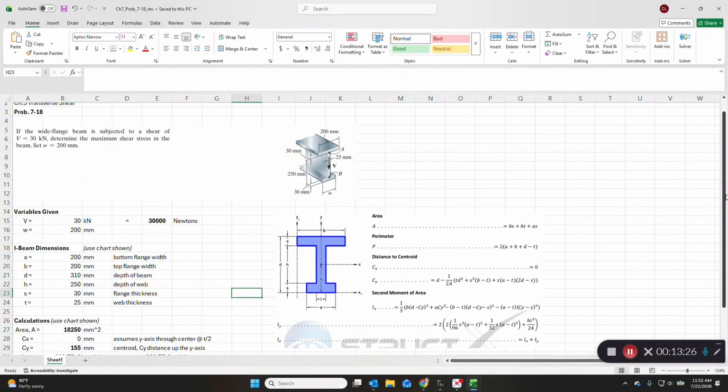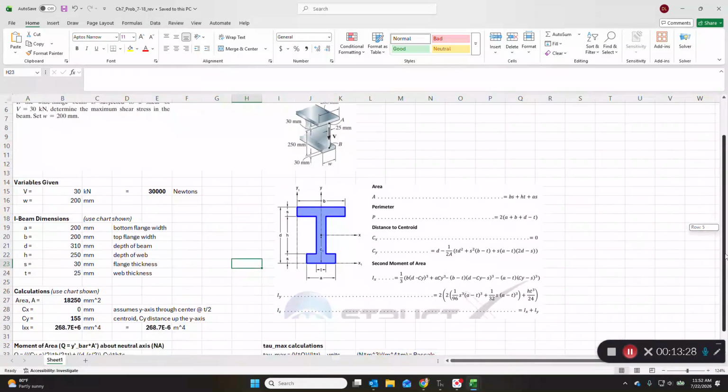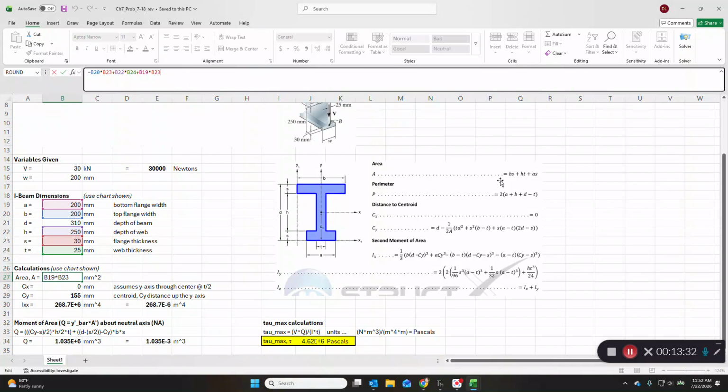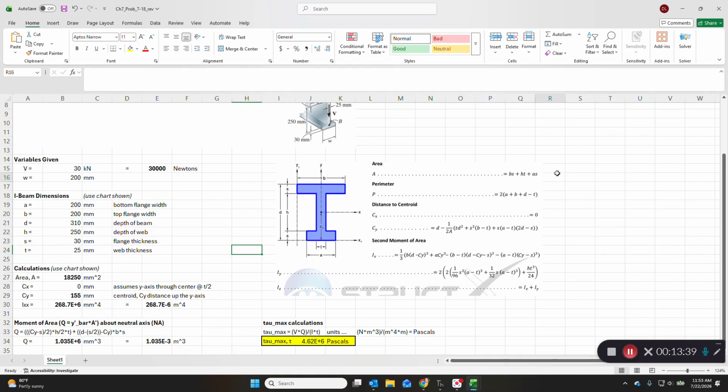All right, so then you do your calculations using the chart. We want the area, so you have to do all the area calculations. You just add B S plus H T plus A S, and these are the respective variables. You can see that here on the right. And then the centroid, let's assume that the y-axis goes through the center at t divided by 2, so that's 0, the centroid x, and then that means the centroid y would be this formula that you see here.